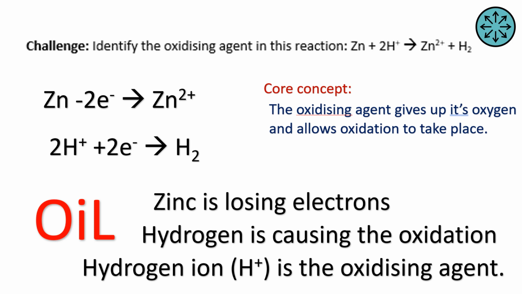So the hydrogen ion is the oxidizing agent. Okay, so that is a little bit trickier because it's not just oxidation is loss. You're thinking, okay, oxidation is loss, zinc is losing electrons. What is causing the zinc to lose the electrons? Well, it's the hydrogen ion, which is taking away those electrons from the zinc.